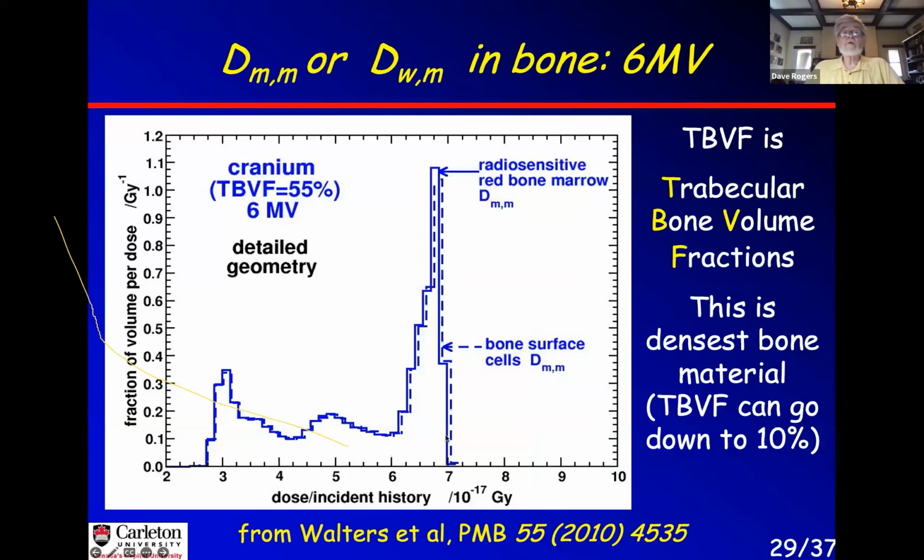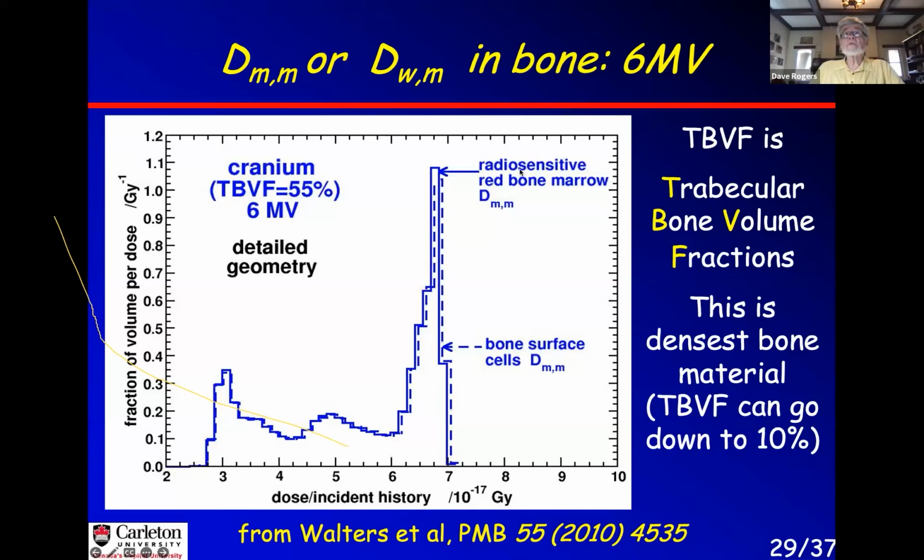So here's their results. We're looking here at the dose per incident history in the various cells, and this is the relative fraction of the cells that get that dose. And you can see that it's quite spread out, but there's a significant peak here, in this case just a little under 7 times 10 to the minus 17 gray per history.